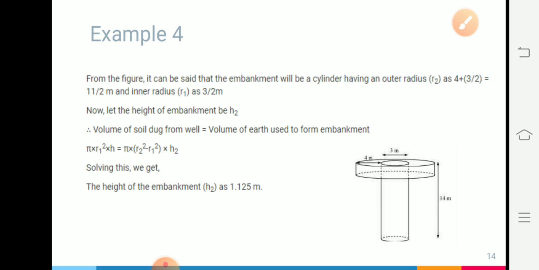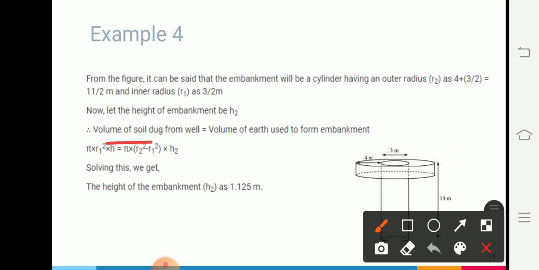The height of the embankment will be found from the volume of the soil dug from the well, because whatever soil is dug from the well is being used to make the embankment. So the volume of the cylinder, which is the well, so the volume of the soil dug from the well is equal to the volume of the earth used to form the embankment.